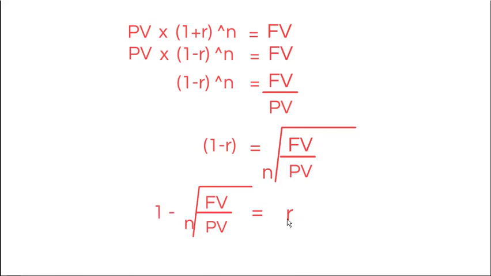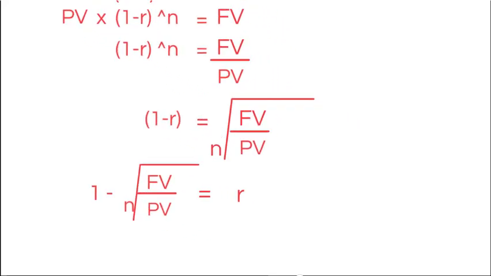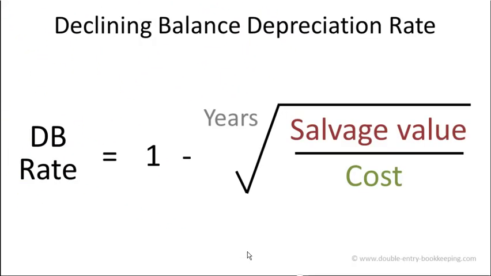So you can see r, or annual rate of depreciation, equal future value divided by present value root n, that should be deducted from 1. Our future value represents here residual value or future expected disposable value. Present value represents our cost, n represents useful life. So that's how we derive this formula to compute rate of depreciation under diminishing balance method.